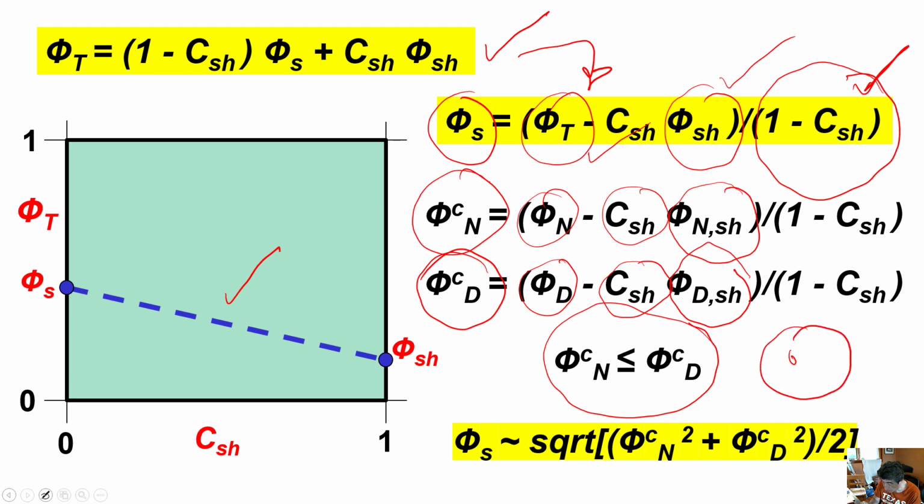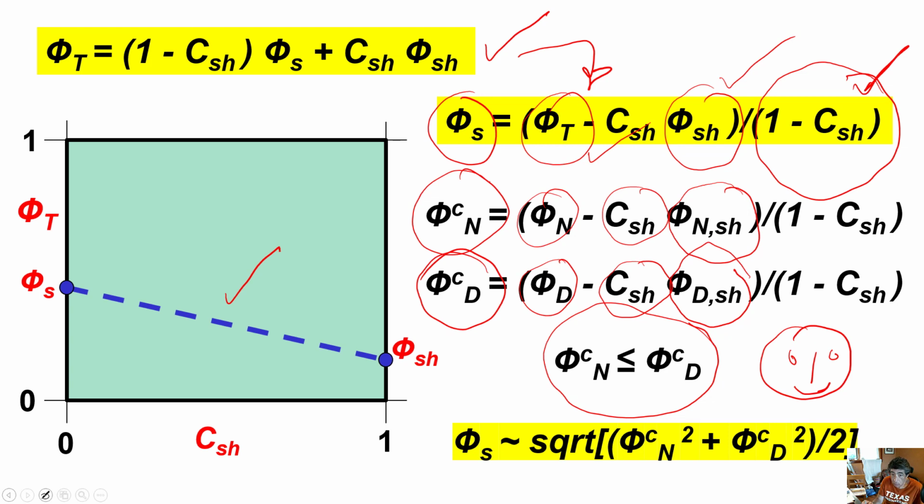And then we will be very happy, because if we had hydrocarbon, now the corrected neutron porosity log will be smaller than the corrected density porosity log. If they are equal, that means we're in water. If by any chance when you apply this correction the neutron log is larger than the density porosity log, then that means that you made a mistake in the calculation or some of your assumptions are incorrect. We'll come back to this.